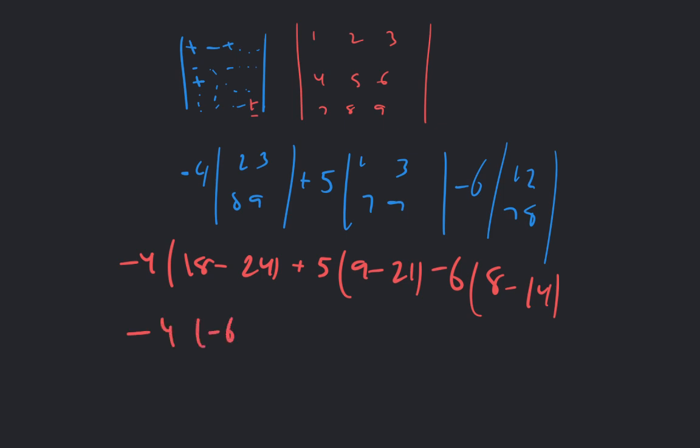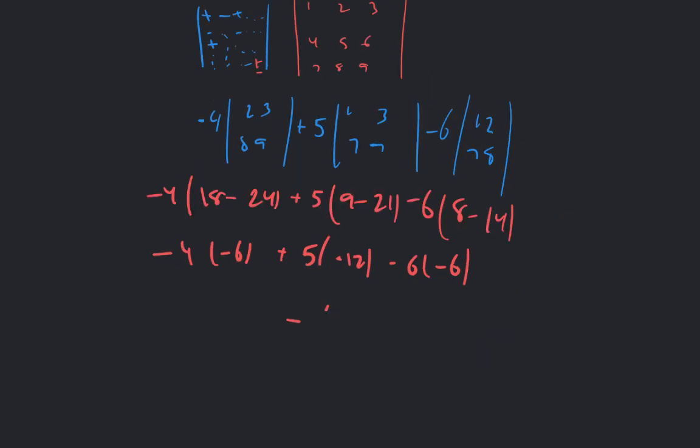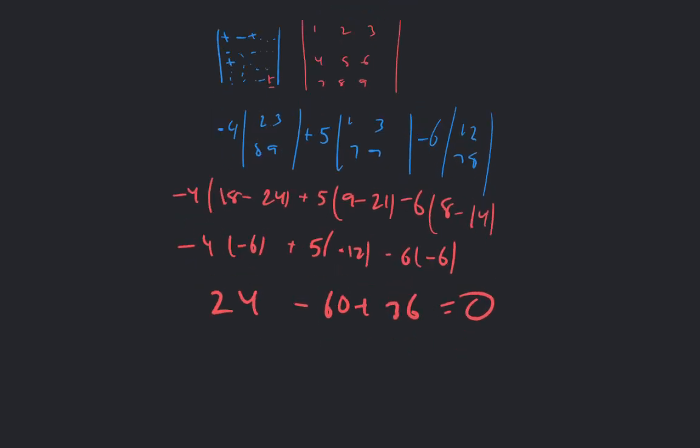Negative 4 times negative 6, plus 5 times negative 12, minus 6 times negative 6. I made a minor mistake here. This is 60. Adding all these up together is 0. So we get the same number as before.